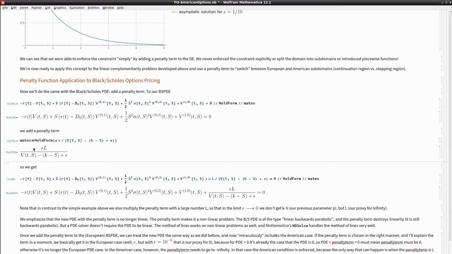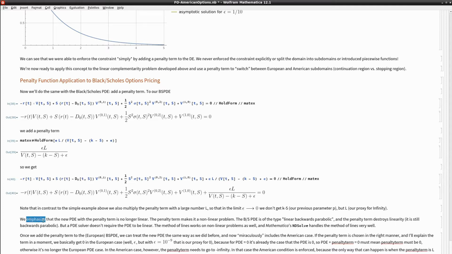When this is 0, the epsilons cancel out, we're getting L. So when the put price is the same as parity, we get capital L from the penalty term, a large value. And if the put option price is not the same as parity, then we're getting small epsilon, because what the denominator does doesn't really matter, but epsilon is our multiplier. We multiply this down to 0.